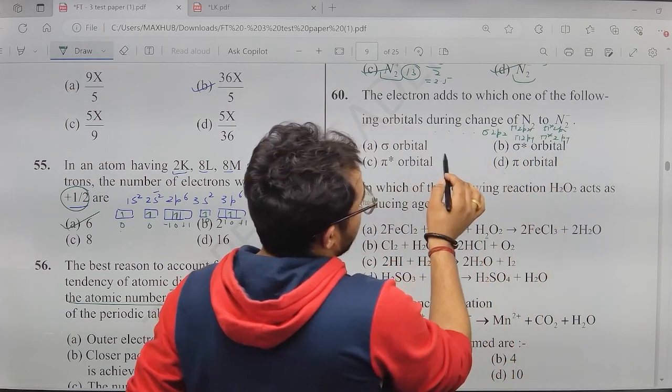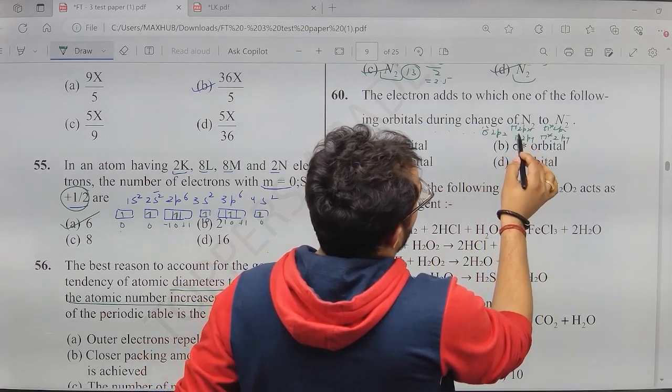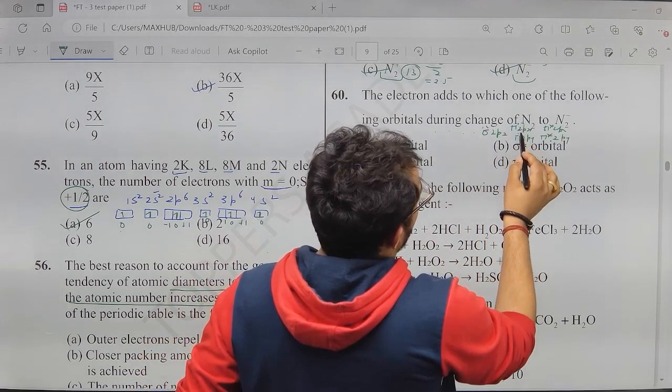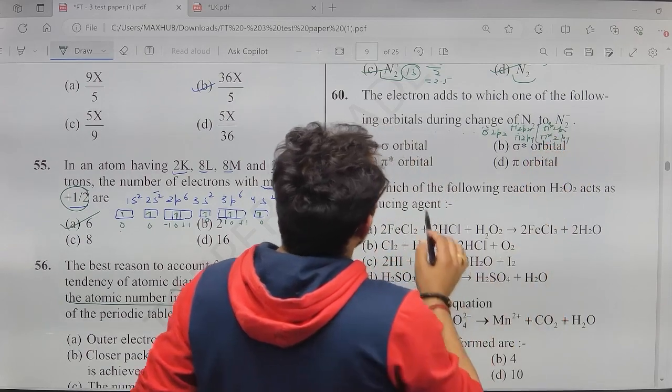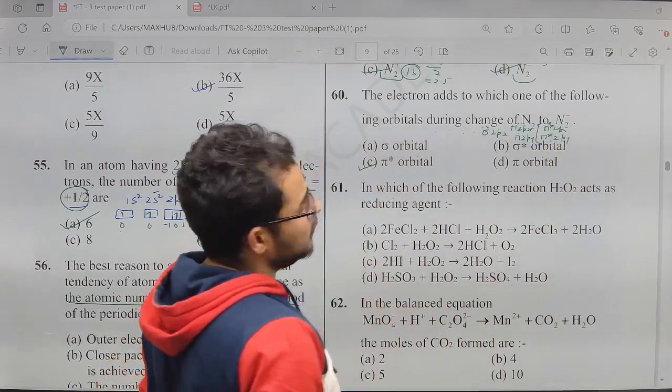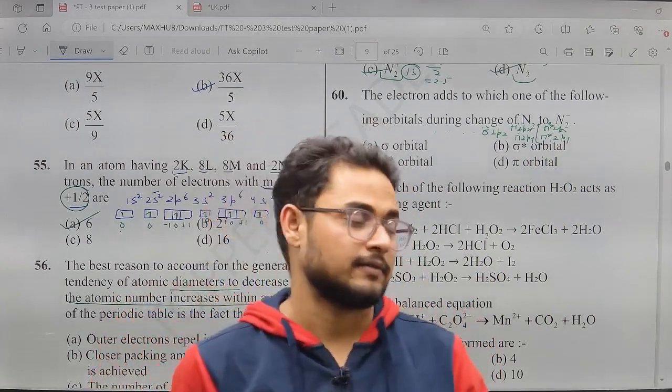So 8 electrons have been filled, then 9th, 10th, 11th, 12th, 13, 14 and then 15. So the electron is going to enter the pi star orbital, the antibonding pi orbital.